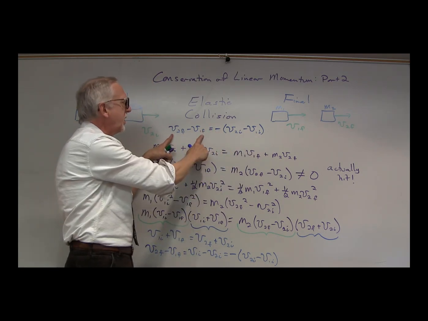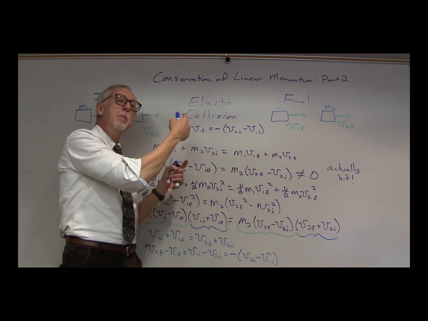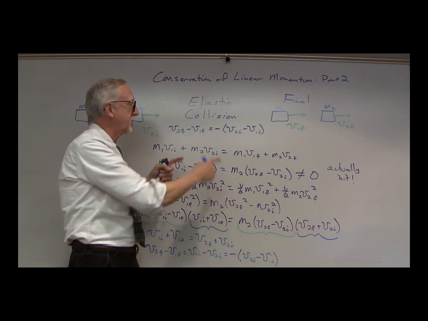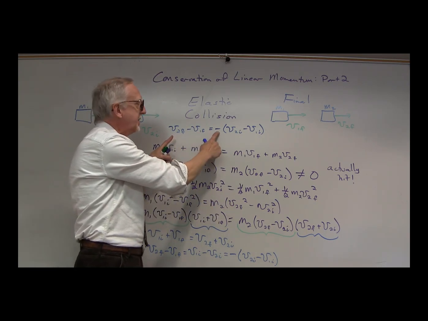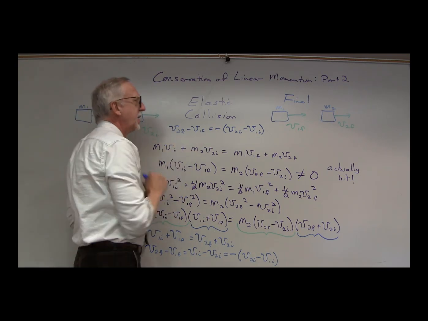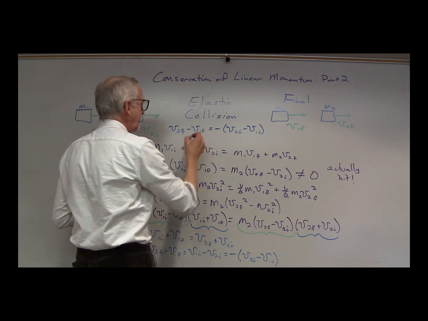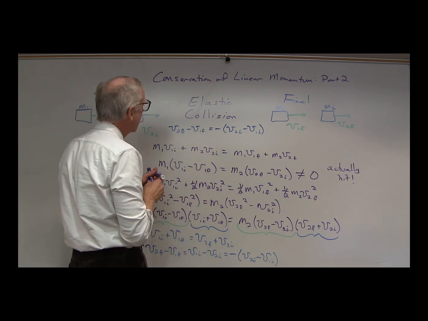So whatever this quantity is, V2 minus V1, it changes sign from before the collision to after the collision. The value of it after the collision is the negative of the value of it before the collision. What is this? V2 minus V1. That's called the relative velocity. I'll put it in a different color here.